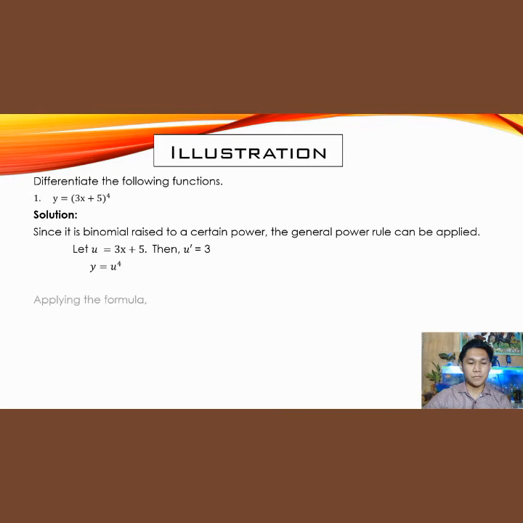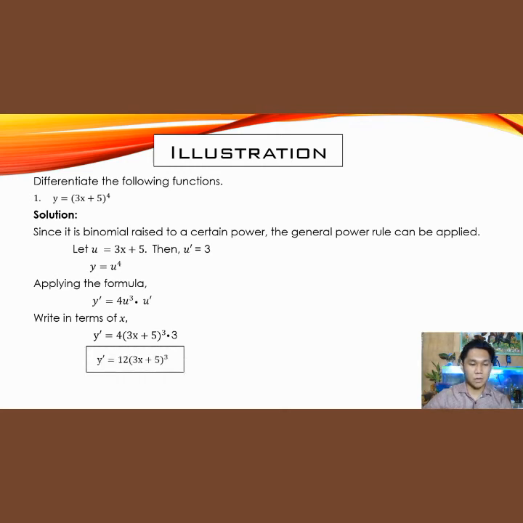y is equal to u raised to 4. Applying the formula, it now becomes y prime is equal to 4 u cubed times u prime. Write in terms of x. y prime is equal to 4 times quantity 3x plus 5 quantity cubed times 3, which is the derivative of 3x plus 5.